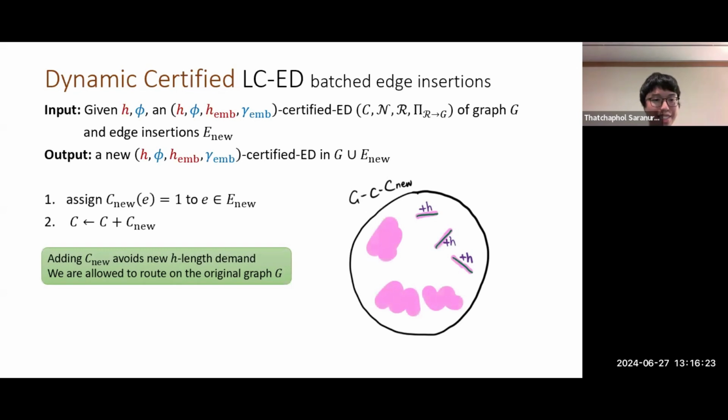Recall that we are allowed to route on the original graph G. So no matter how you add the length increase, no matter how you add new cuts to the original cut, that will not affect the embedding pi. And it's trivial to see that adding this new cut C new will avoid new edge length demand. So naturally, this new certified ED has the same quality, and it is still a valid certified ED.